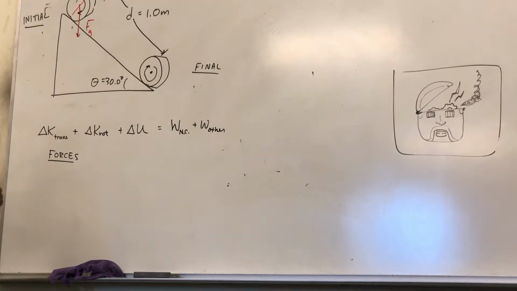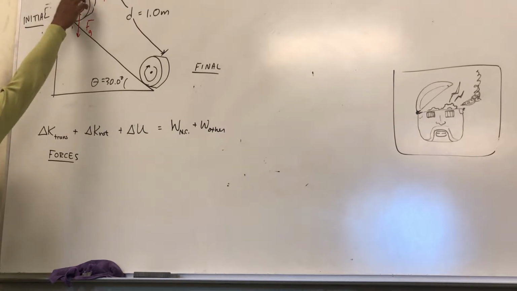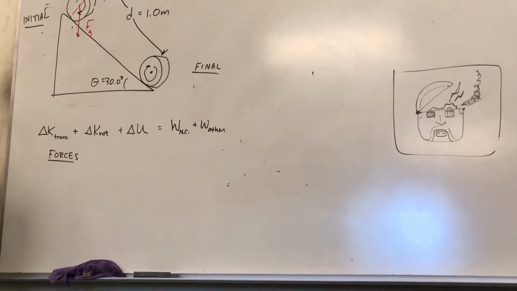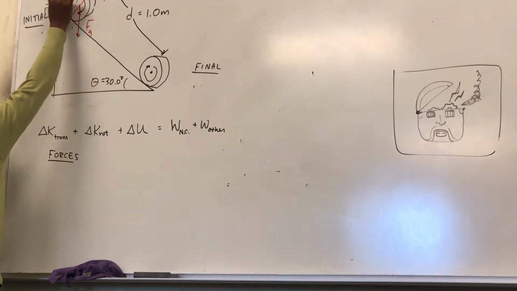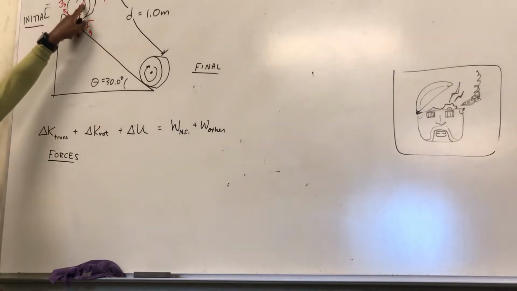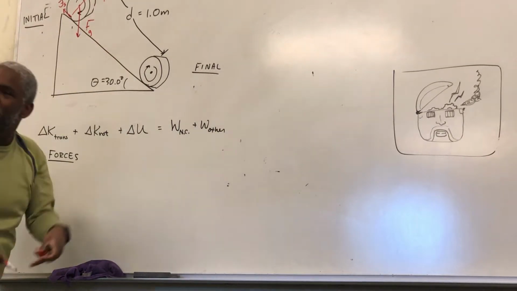The interesting thing is we have to figure out the tendency of this to slip. If this weren't rotating, the point at the bottom of the disk would slip down, which means static friction is in which direction? Up. Good. And what's funny is it's static friction that creates the torque that causes it to rotate.